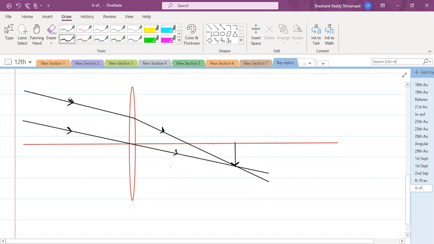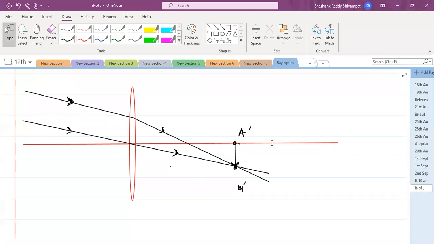Here they are very far away, so we'll assume it to be almost parallel. Now देखो, those two rays are coming from infinity. They will undergo refraction, and here is the image. Let's call it A dash, B dash. A, B is at infinity. So this is A dash, B dash. Okay.